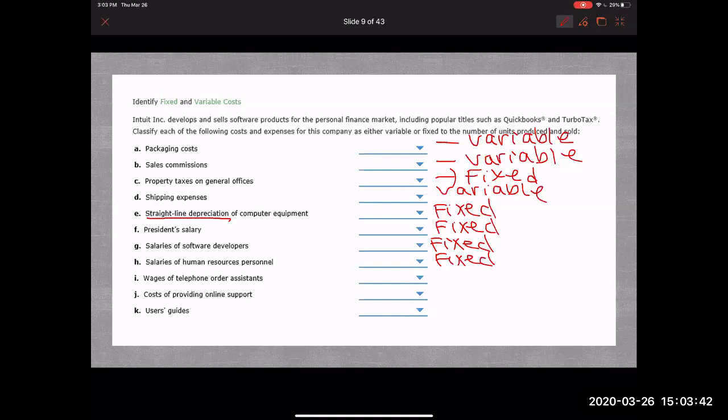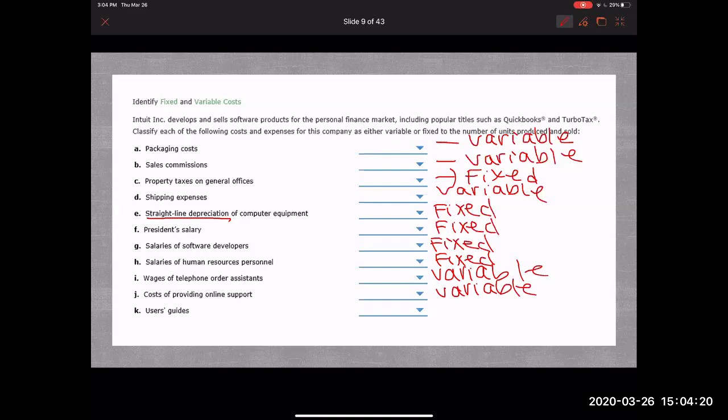Wages of the telephone order assistant. That's an interesting one, and I can see why you might go fixed or variable. Are they getting paid based on the number of telephone orders, or the more hours they work, the more money they make? I'm just going to say that one's variable. The cost of providing online support, I'm going to say variable as well, because it depends on how many people need assistance.